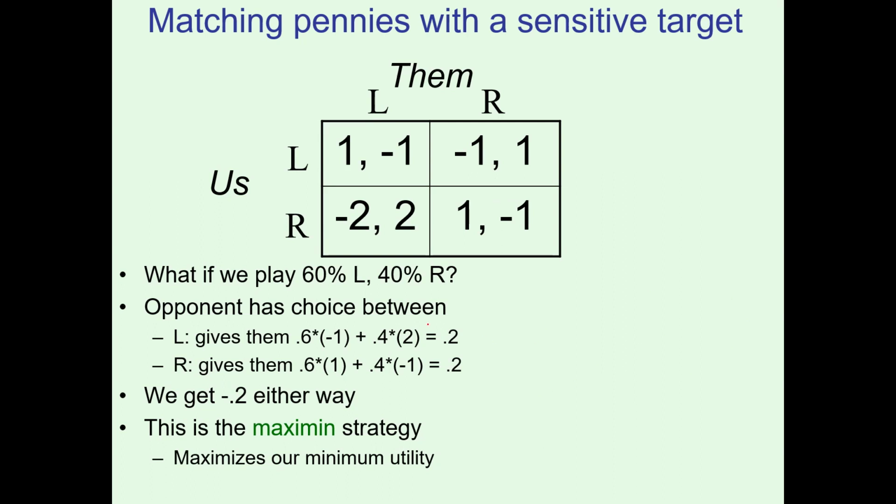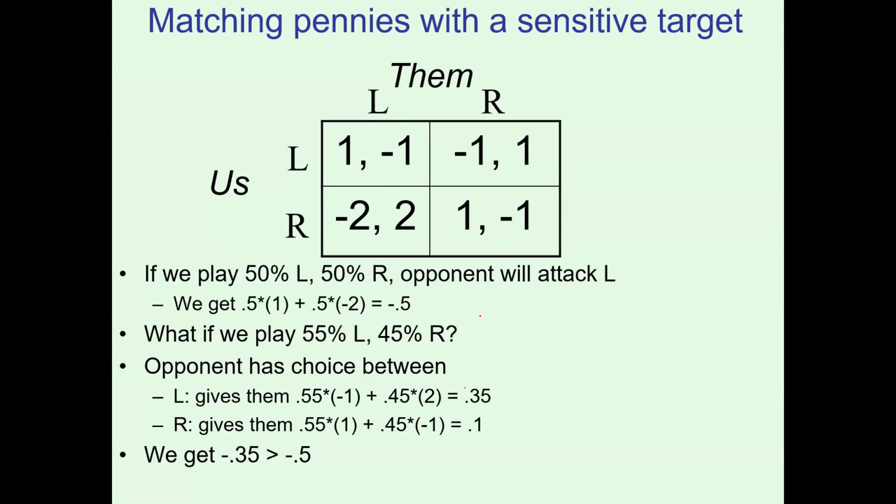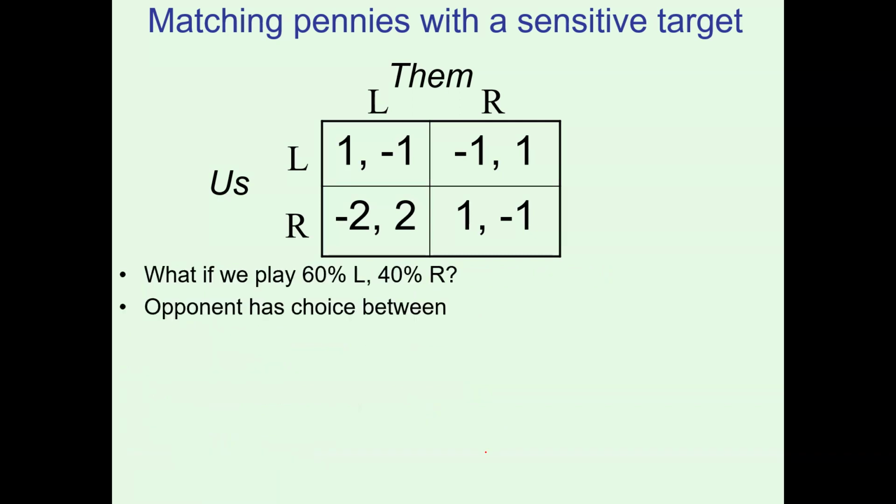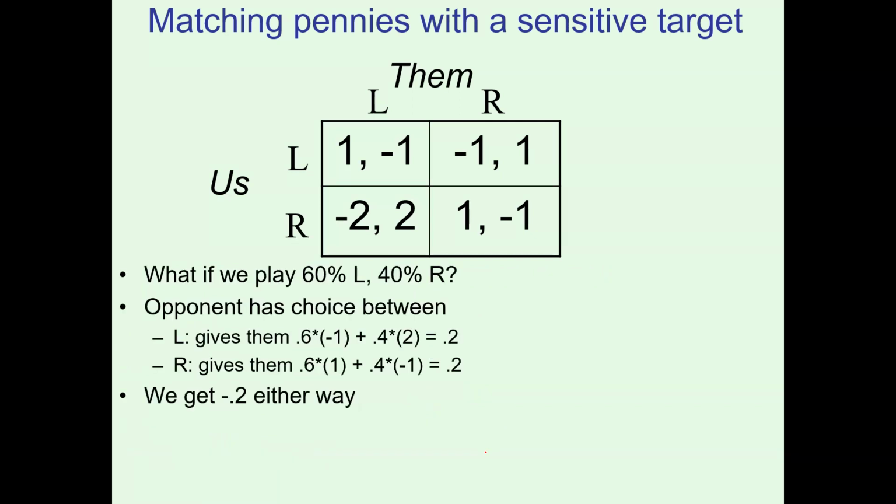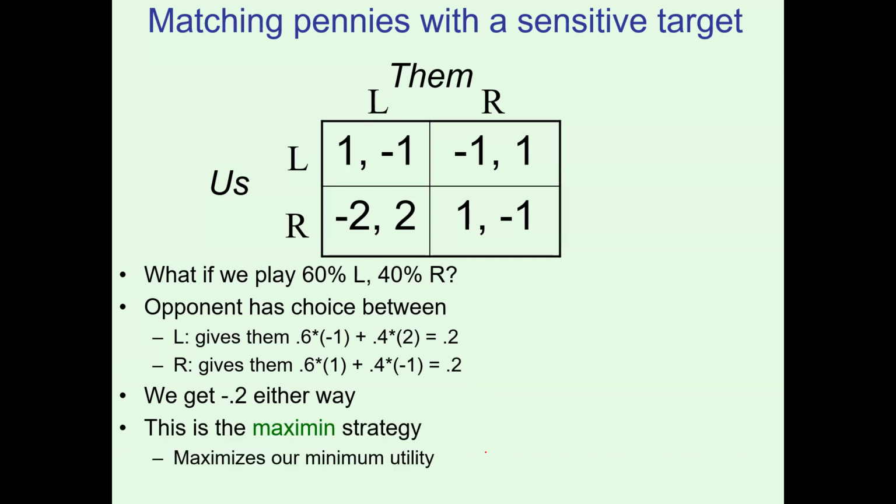Okay, so meaning atong minimum dere negative 0.2. Ang atong minimum dere sa PCAS negative 0.1. Tama? So, pilion na nato tong strategy na maka-maximize sa ato minimum nga utility.